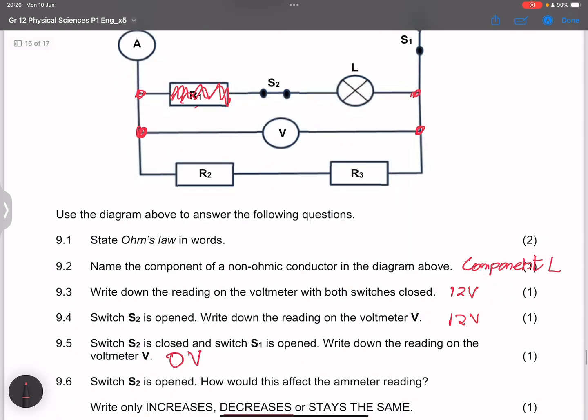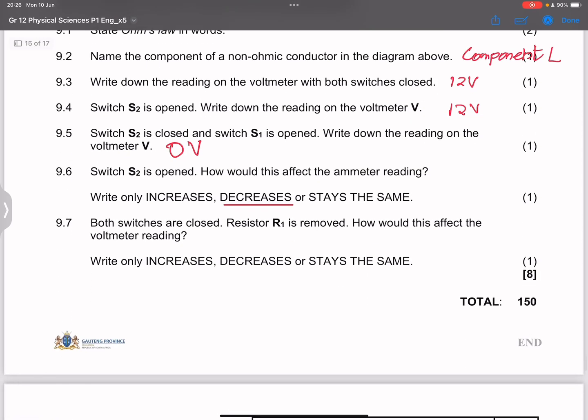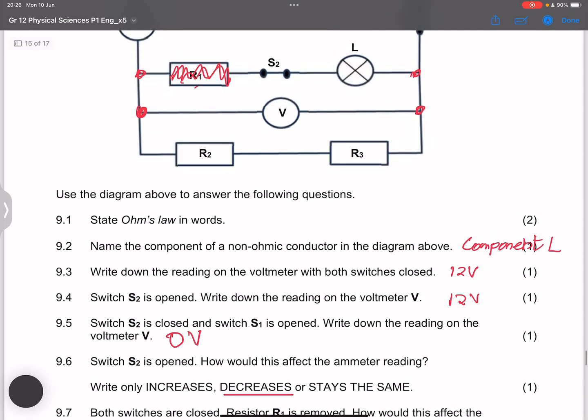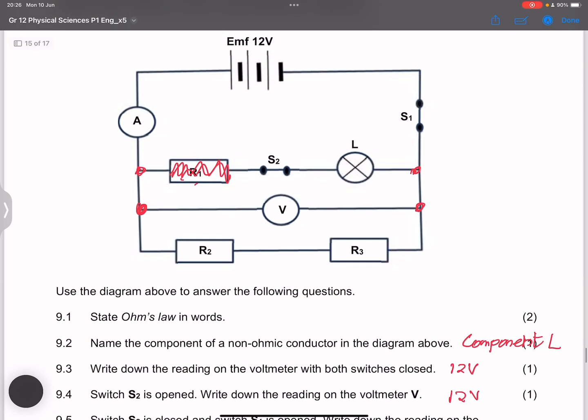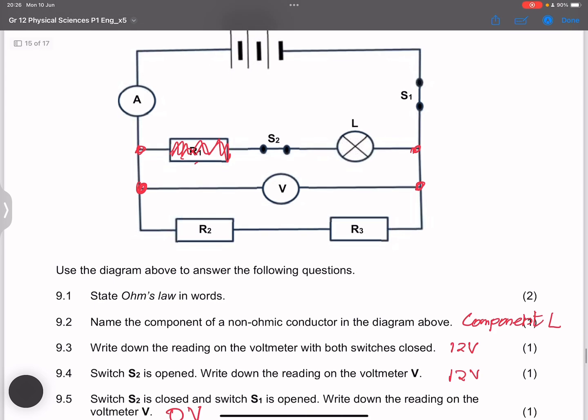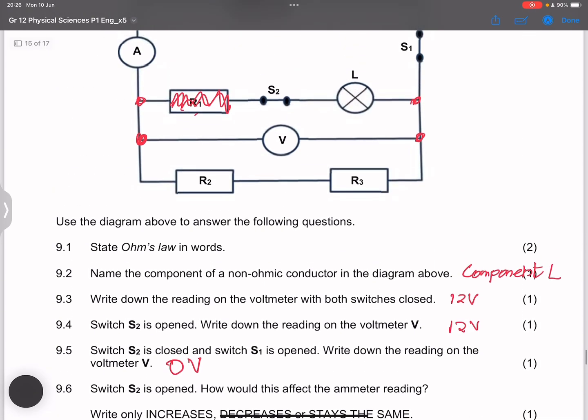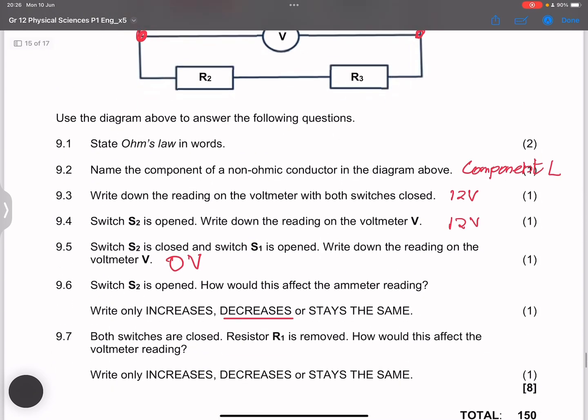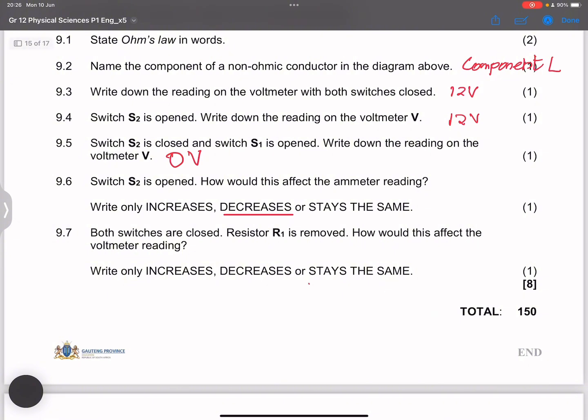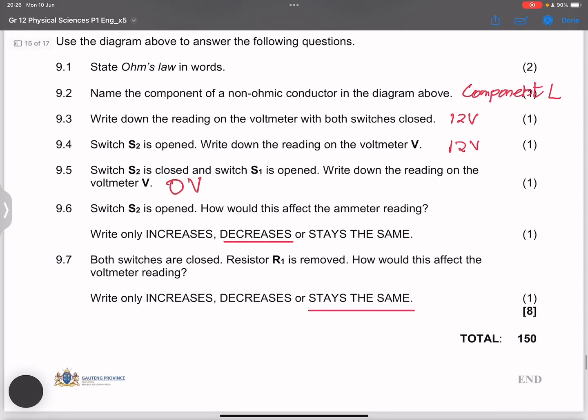But that does not affect the voltmeter reading at all, since it would still give us the same 12 volts. So we say it will stay the same. That is how we reach the conclusion of this question paper.